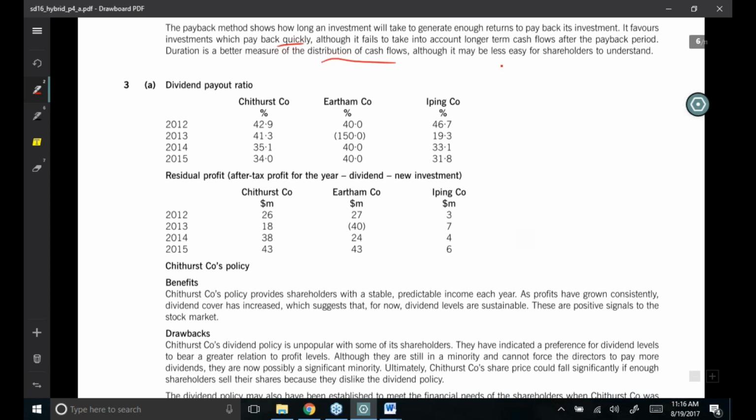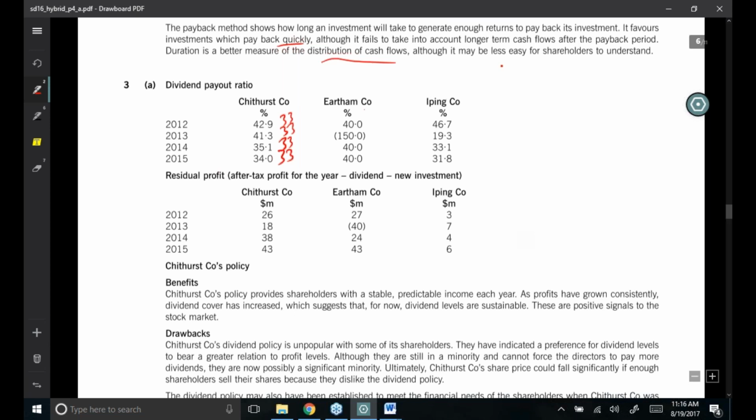Remember, this company was paying the same dividend every year. If the dividend was the same, the payout ratio will definitely be different because profits are not the same.